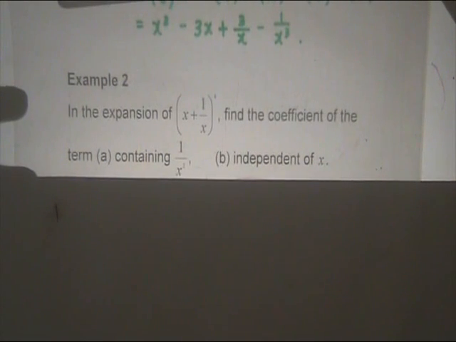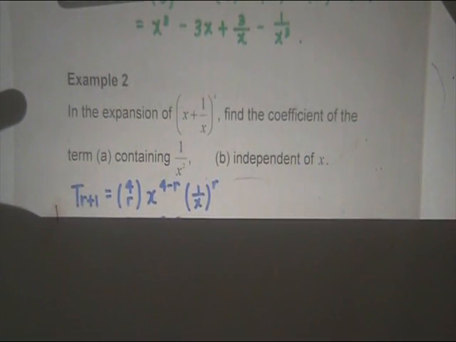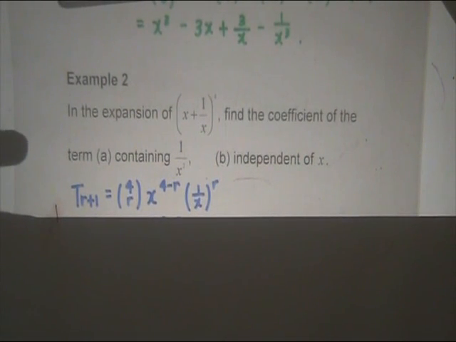What we can do is make use of the general term T sub r plus 1. Using the formula, I can write down the (r + 1)th term: 4 choose r, x to the power of 4 minus r, and 1 over x to the power of r. You have just learnt indices, right?